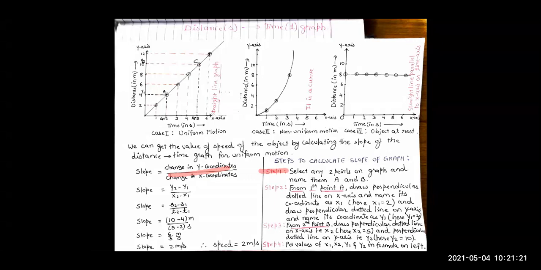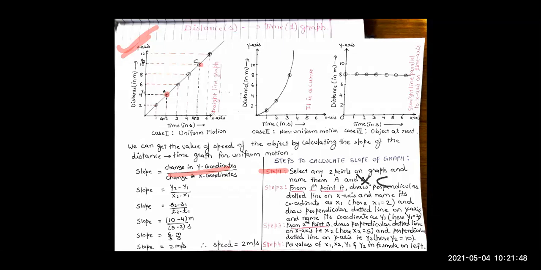We are selecting 2 points over here. This is point A, and the second point which we have selected is this. We have named the points A and C. Got it?